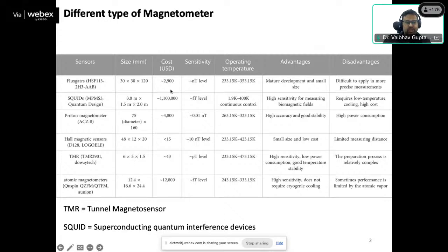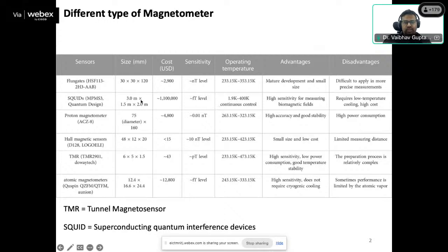Depending on the cost, SQUID is quite expensive, and these atomic magnetometers are okay, roughly $12,000. They can measure up to the femtotesla level, and in terms of sensitivity, they are one of the best. The other best one is the SQUID device, but SQUID devices come with a heavy price.